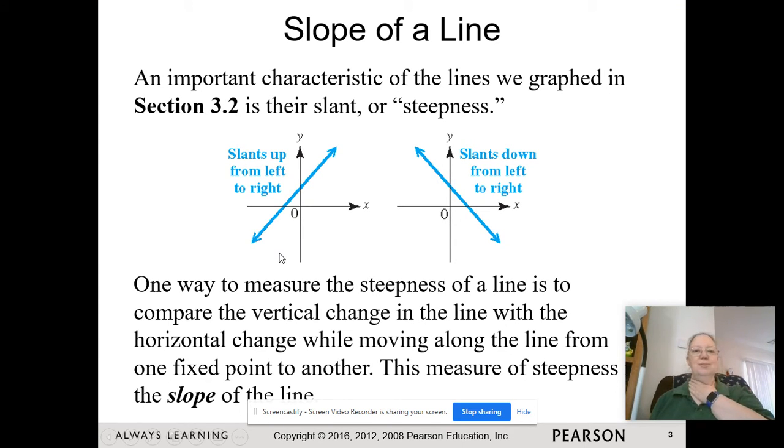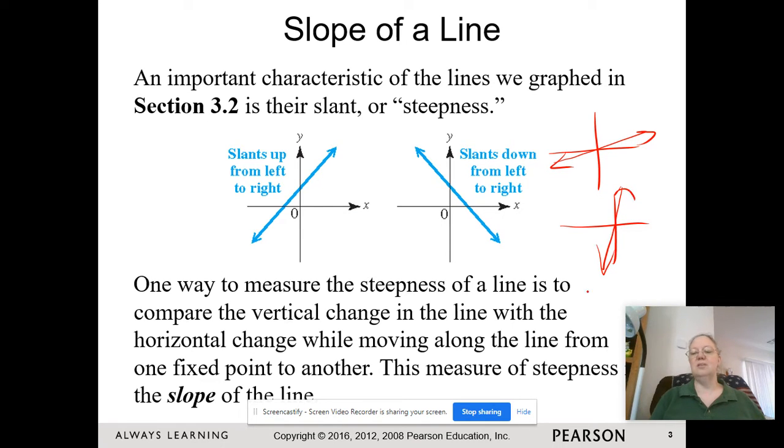Slope of a line refers to how steep a line is and which direction it's tilting. So we could have a line that is fairly flat, like this, or we could have a line which is very steep, like this.